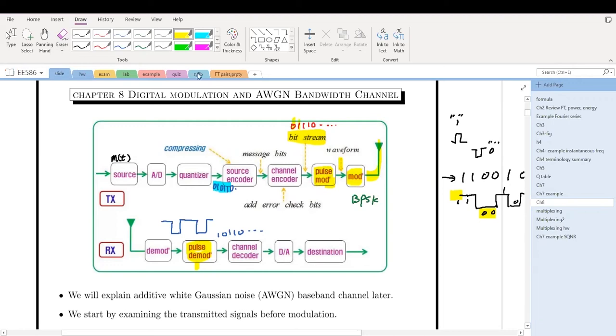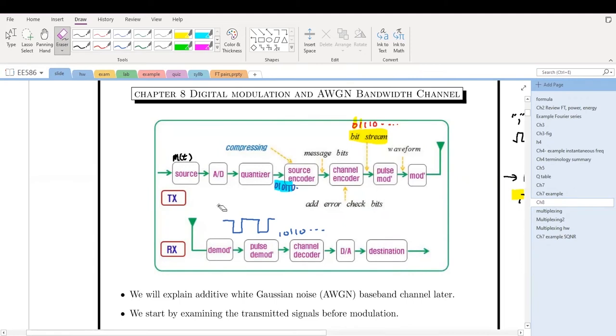Although there's the terminology modulation here, it shouldn't be confused. For analog communications, we have this source message, e(t).